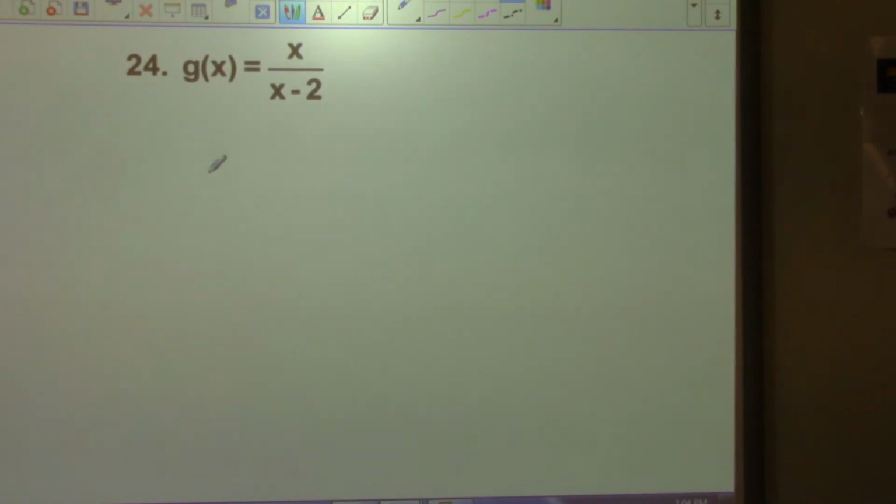Okay, now for 24, it says graph and have a... There's no discontinuity, so no discontinuity at x equals 0? No. So if we put x over x minus 2, my thinking is we have something that looks like this. Is that right?